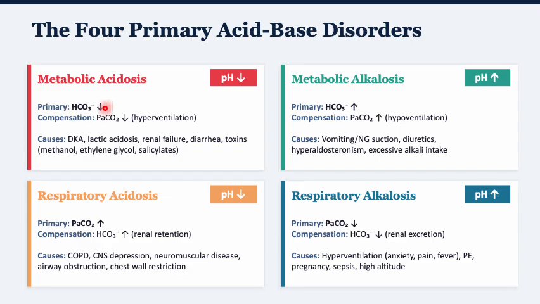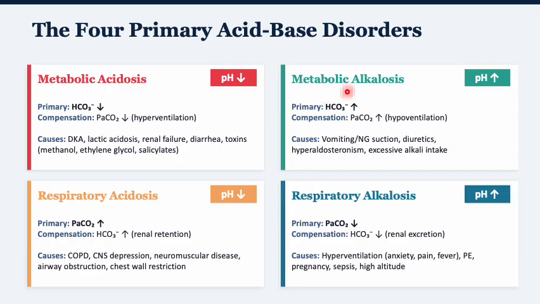You're going to have a decreased bicarb. Compensation will be hyperventilation to get that partial pressure of carbon dioxide down. Different causes, decay, lactic acid, renal failure, toxins. Like I said, the ethylene glycol was the one that I saw in residency.